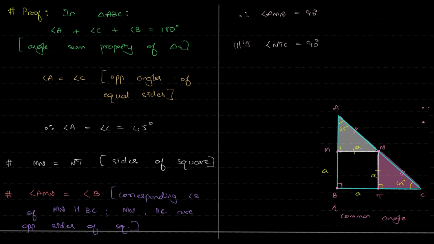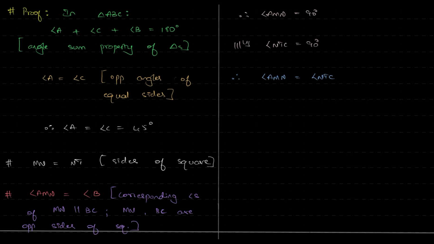Now, therefore, what can we tell? Angle AMN is equal to angle NTC. So we have all the things that are required and we just have to write the answer. Final answer being what? From 1, 2 and 3, with AAS congruency, what do we have?